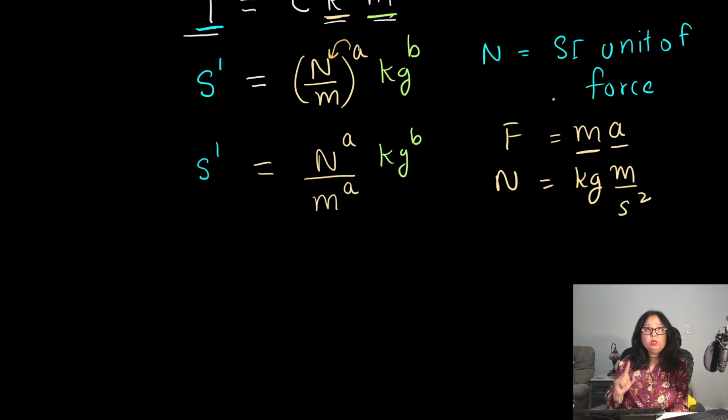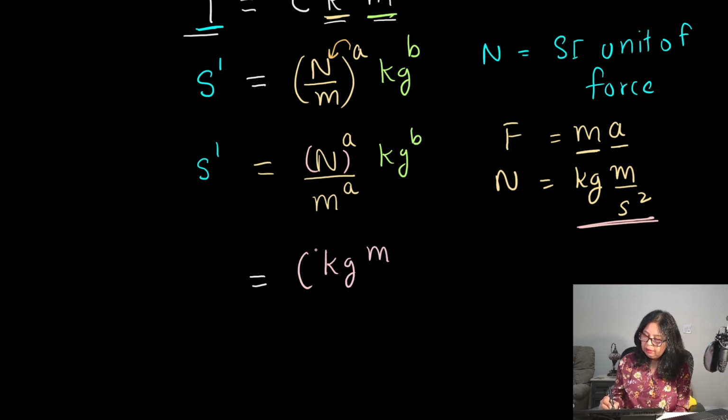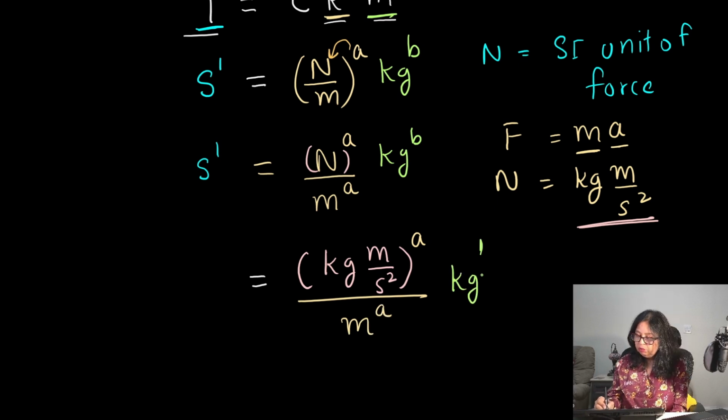So what I'm going to do next is, instead of this Newton over here, I'm going to plug in kilograms times meters per second squared. Let's go ahead and do that. So instead of newtons, I'm saying it is kilograms times meters per second squared to the power A divided by meters to the power A times kilograms to the power B.